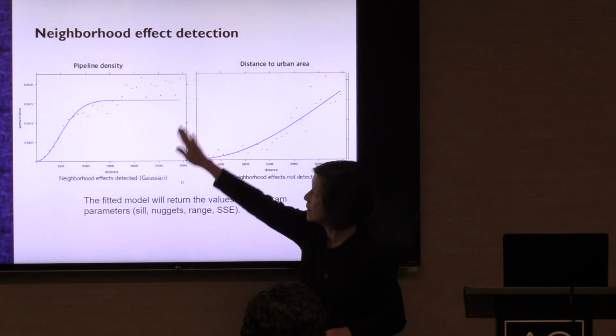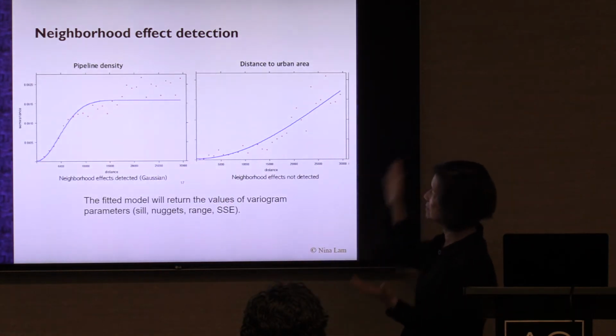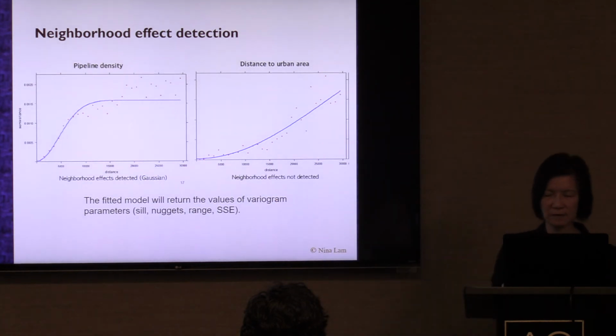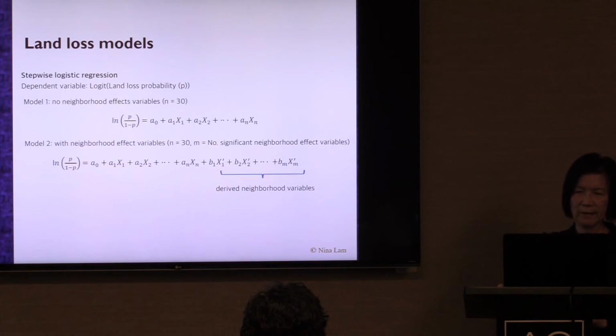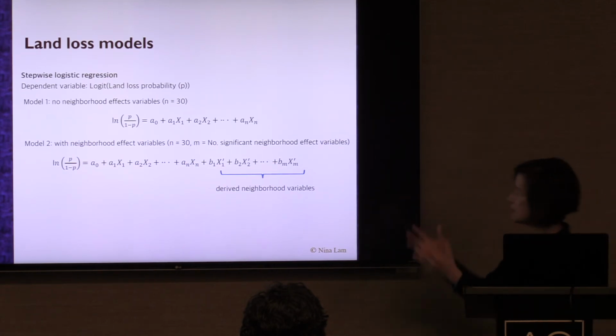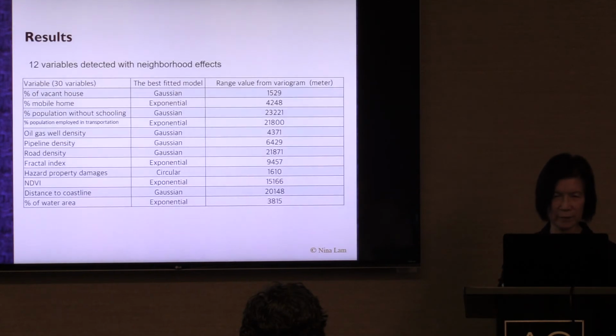One has a very distinct range, and this one has no neighborhood effect; it has no distinct range. And we use the stepwise logistic regression model to look at how land loss was affected by the chunk of variables.